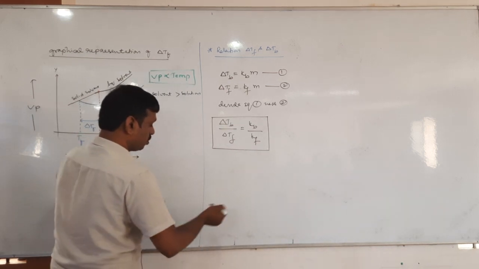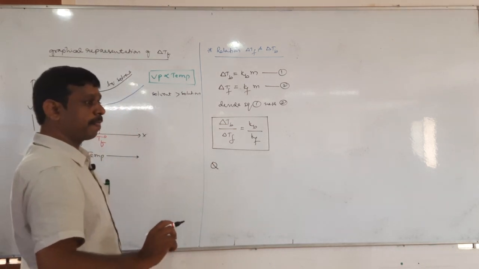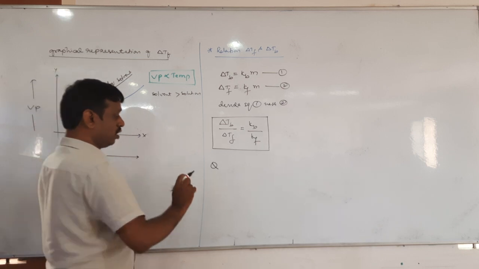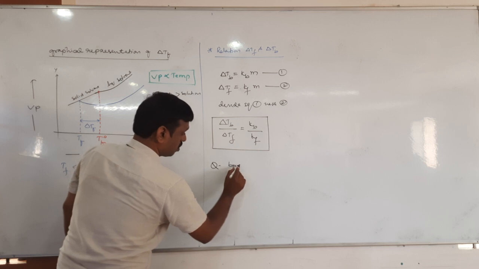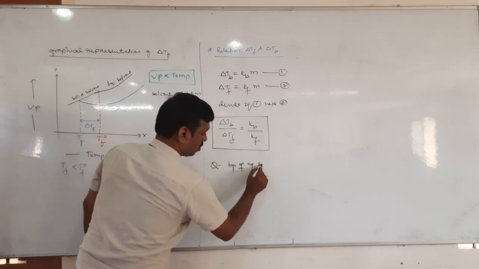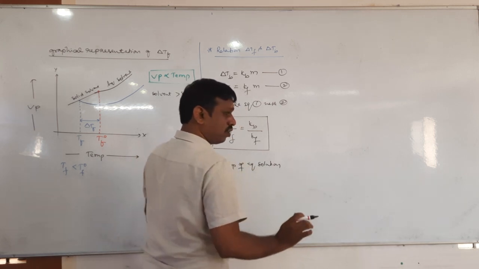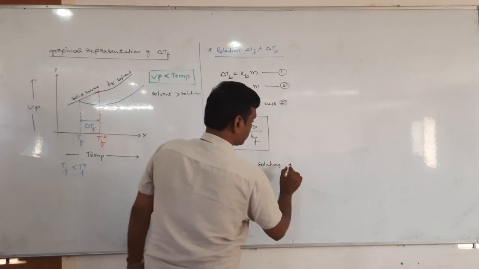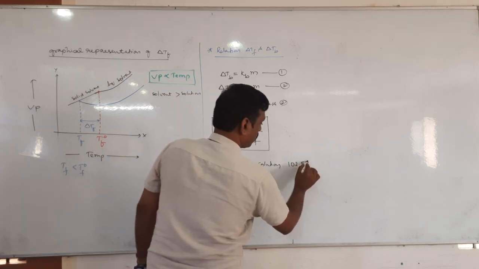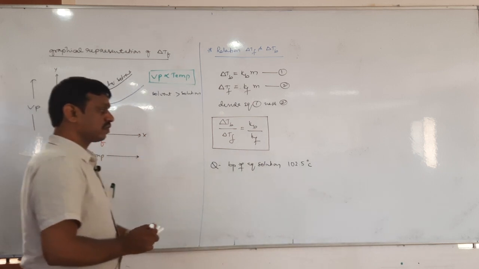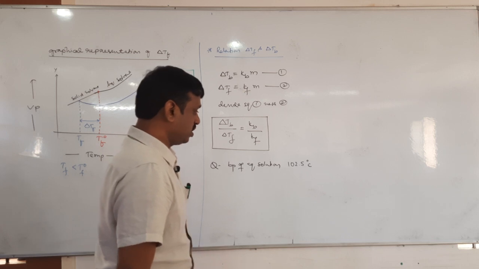Okay, write the question. The boiling point of an aqueous solution containing a non-volatile solute is 102.5 degrees Celsius.